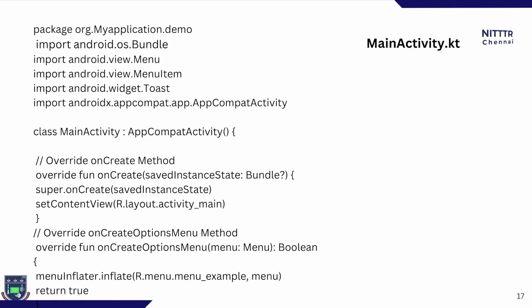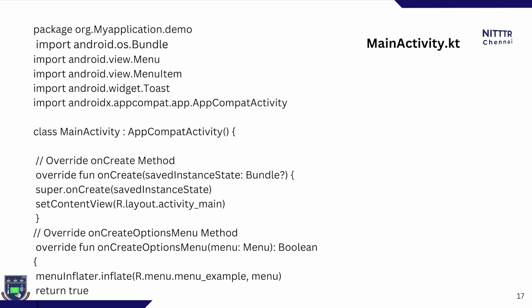Next we will see the various methods involved in this particular activity. First, the onCreate method, which is called when the activity is first created. Then we have setContentView, which sets the user interface layout from activity_main.xml.